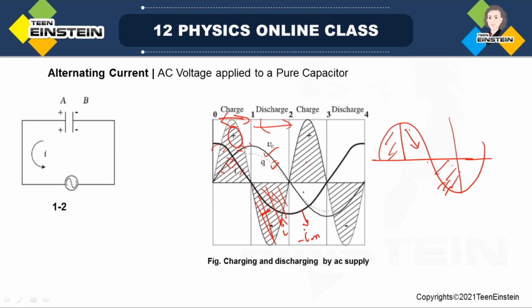That means the polarity of the capacitor will be changing. So A will be negative, B will be positive. The current is changing its polarity, and according to that, the A, B plates also change their polarity.